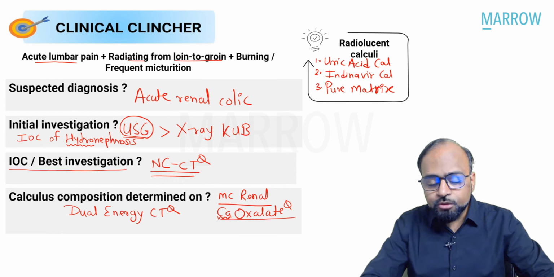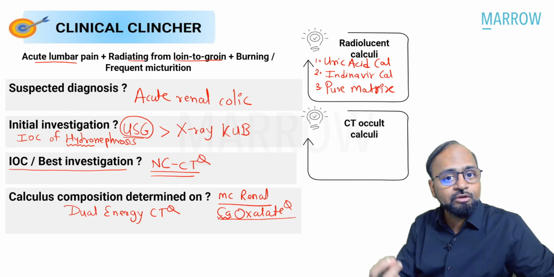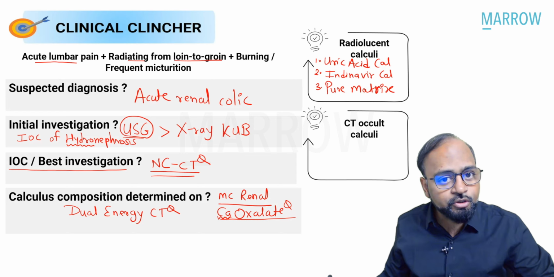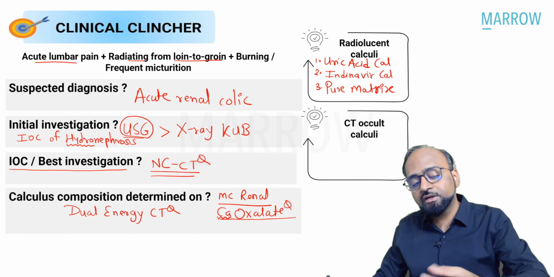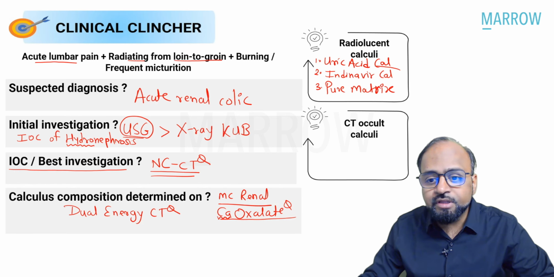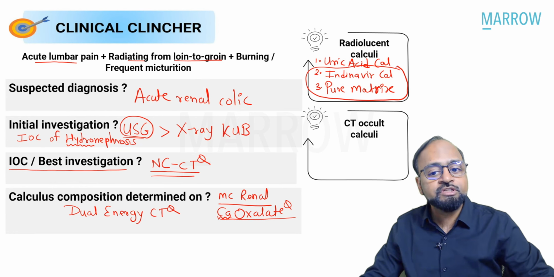Maybe next time they ask you, suppose you do a CT scan and you don't see that ureteric calculus on CT scan, then what could be the composition of that particular calculus? It is seen on other modalities like ultrasound. It is not seen on CT scan. Why? What are those calculi? Remember, it is number 2 and 3 of the radiolucent calculi. Uric acid calculi, though they cannot be seen on X-ray, are picked up on CT scan.